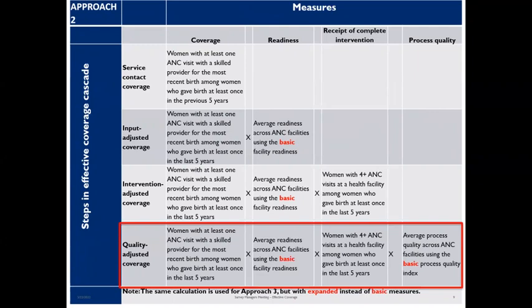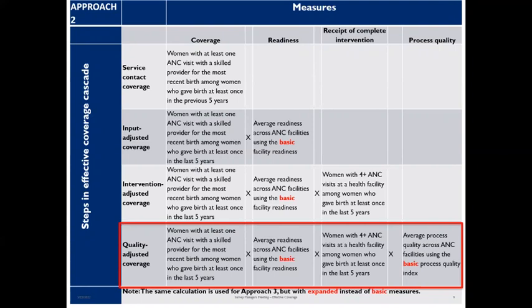Now for quality adjusted coverage, the measure of process quality in the far bottom right cell changes with the inclusion of the SPA data. So instead of using maternal report of care received during antenatal care, we now use observation data from the SPA to assess the quality of care provided during those antenatal care visits.